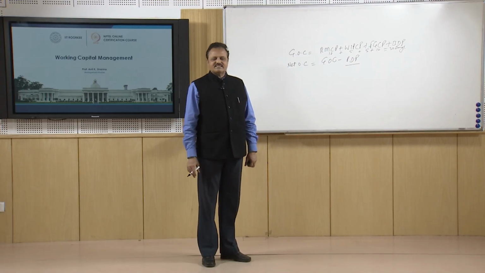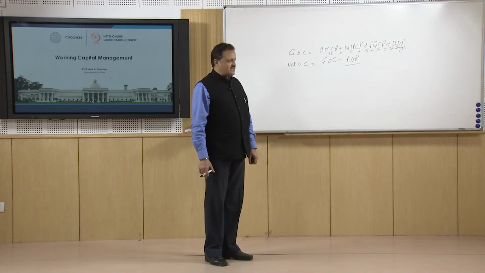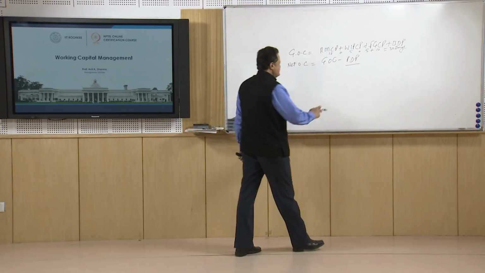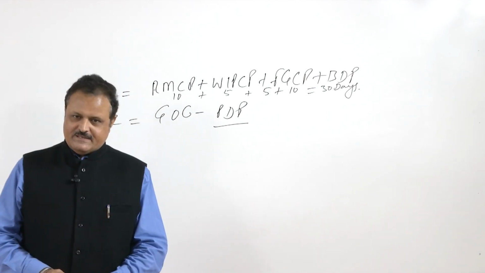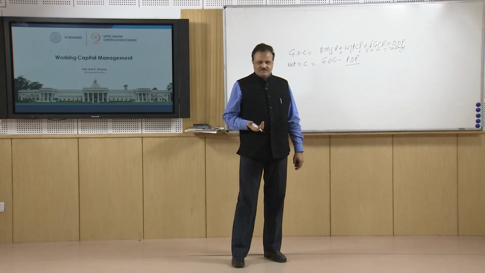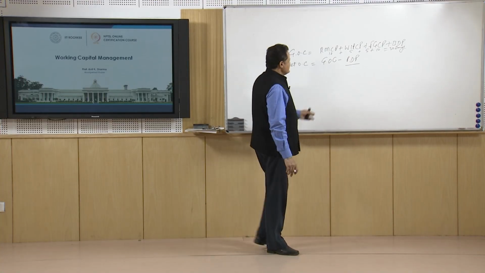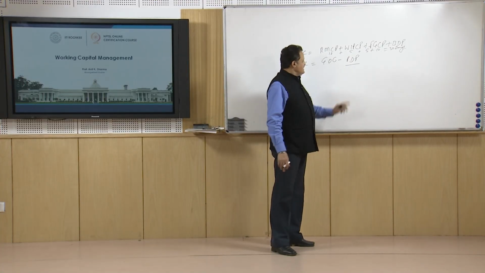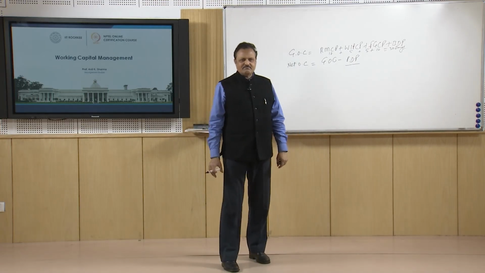That is called the credit period allowed by the suppliers, or in other terms the payment deferral period. If no period is allowed, it means we are buying the raw material on cash, but if a payment deferral period is allowed, then that is called the PDP. So how many days of PDP are allowed by the suppliers.